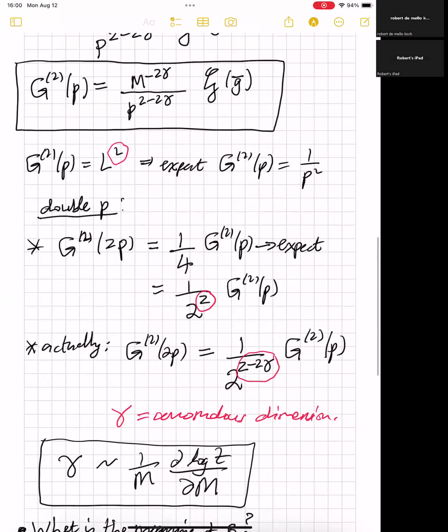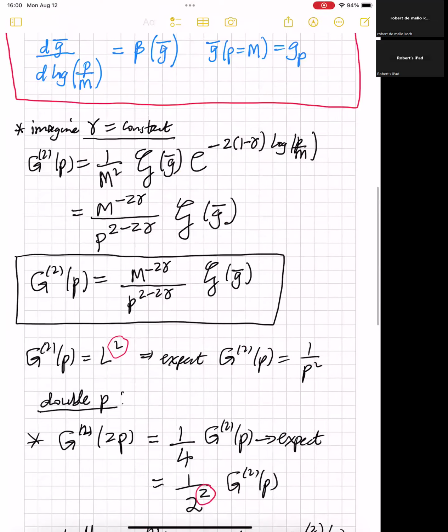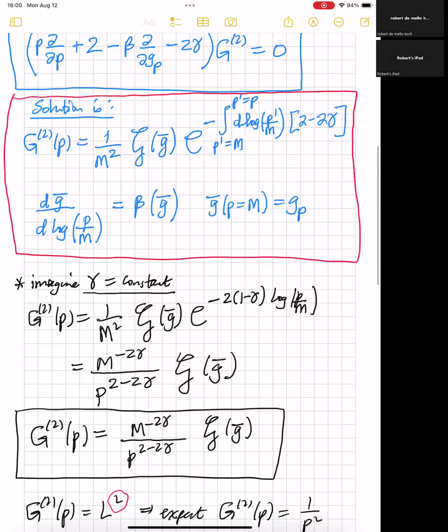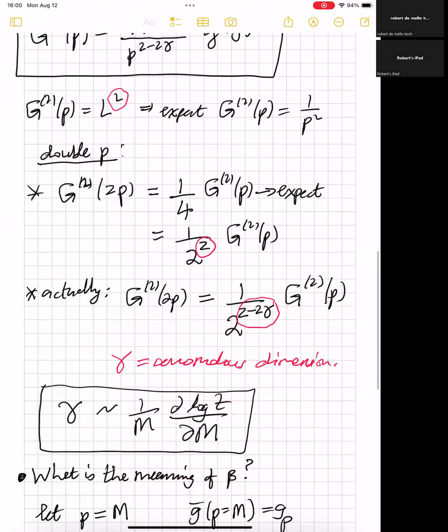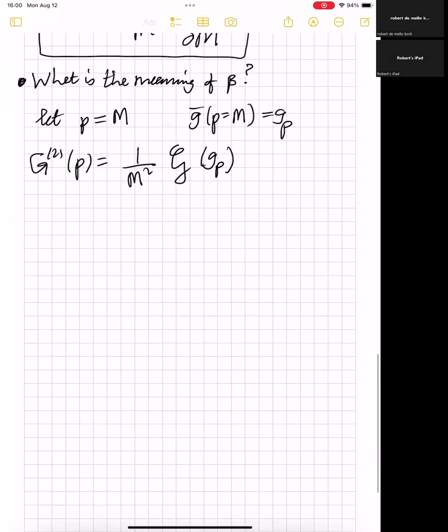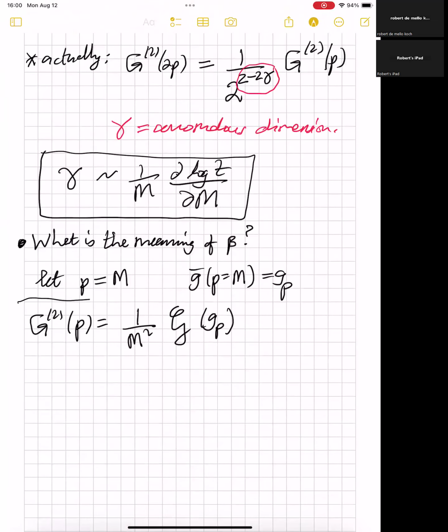And when we look at this exponential, we integrate from p prime equal to m up to p prime equal to p. So if we put p equal to m, the exponential doesn't contribute at all. And what we end up getting, this is the answer for the Green's function: G2 of p is just 1 over m squared curly G of gP.